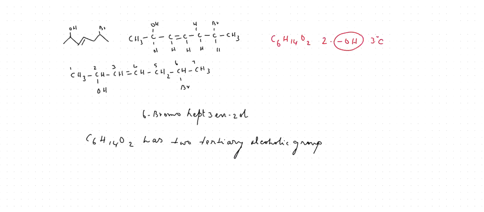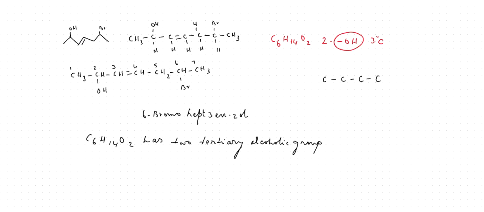So they are tertiary carbons. So you have to think: a carbon, another carbon, another carbon, another carbon. There are two more carbons. If the two more carbons are attached here, two primary carbons and four secondary carbons you will get.